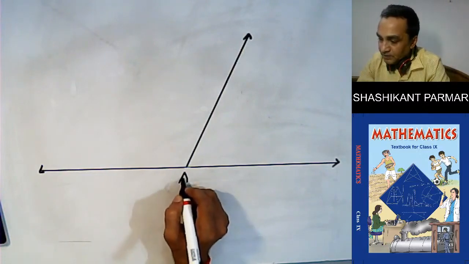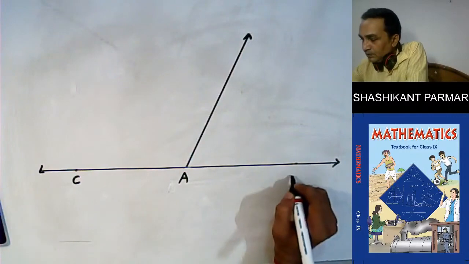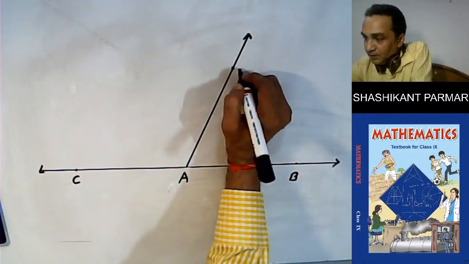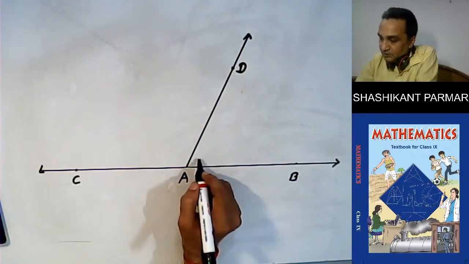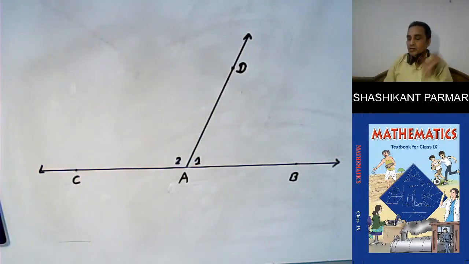Again, this is A, C, B, D. Say this is angle 1 and this is angle 2.